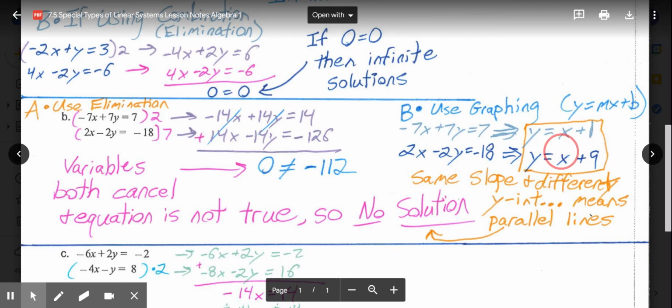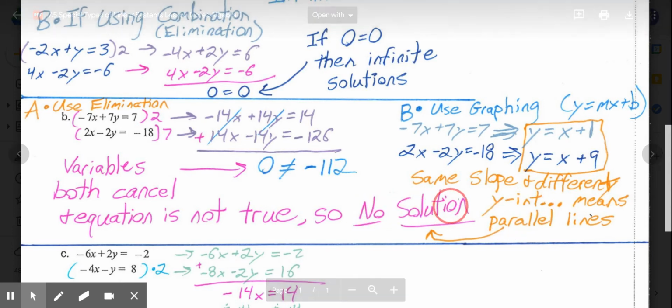What I notice here, both equations have a slope of 1, 1x and 1x. They have different y-intercepts. So same slope, different y-intercepts tells me that these lines are parallel. If I have parallel lines, it is a no solution system.